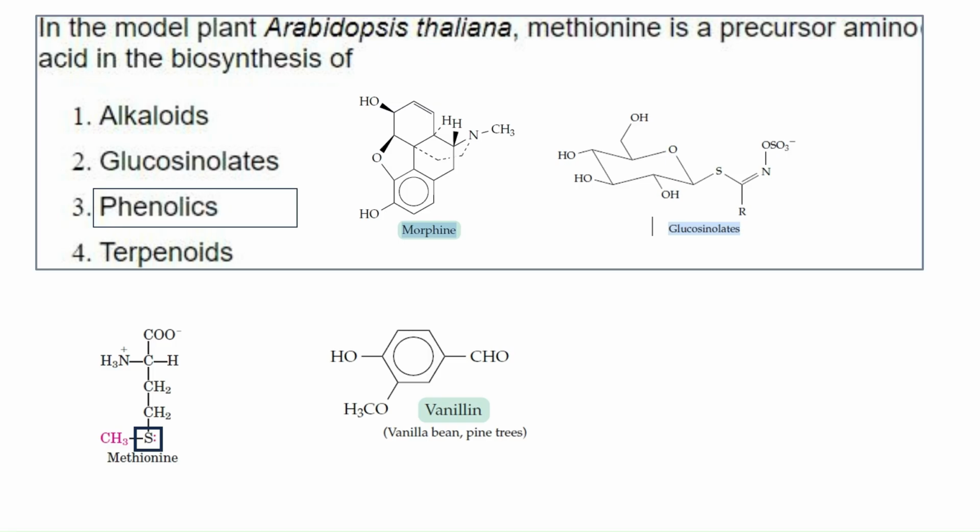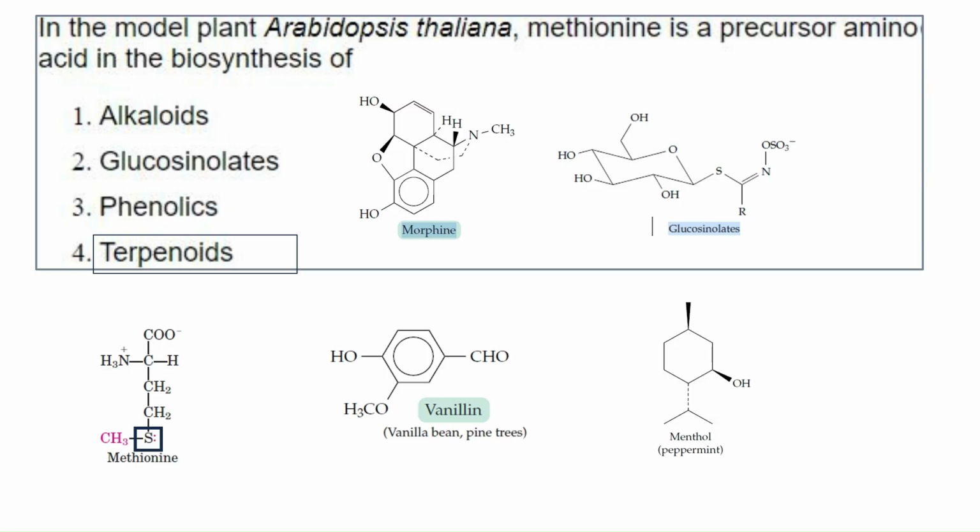The third option is phenolics, and a popular example is vanillin, which is the main compound in vanilla extract. Again, we can see it contains an aromatic ring and it is synthesized from tyrosine or phenylalanine. And finally, we have terpenoids. So, one example is menthol.